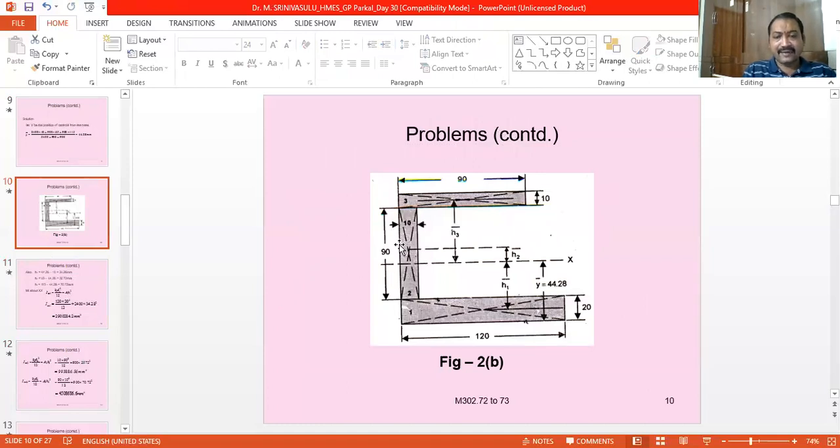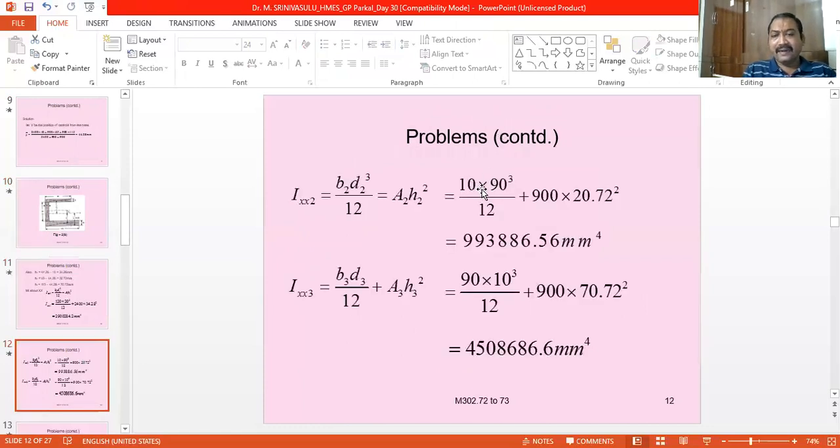Similarly Ixx2 for rectangle 2. Rectangle 2 is a vertical rectangle, so here b is equal to 10 and d is equal to 90, therefore b d cube by 12 plus a2 hy2 square, so it is coming to be 993,886.56 mm4.